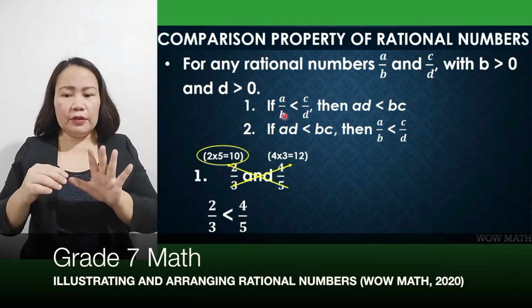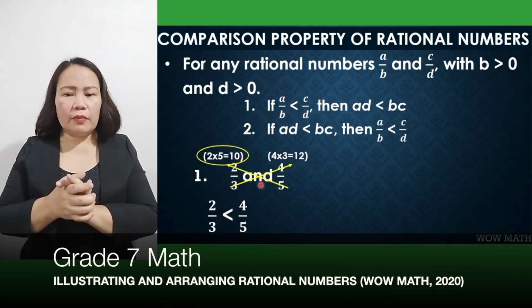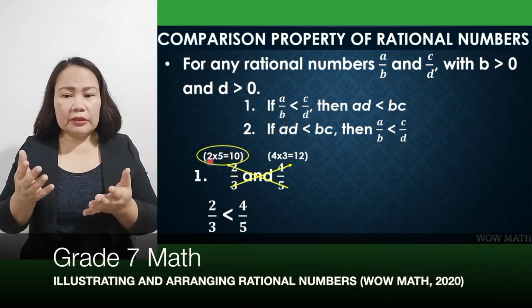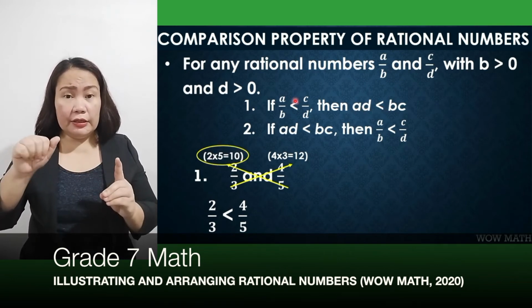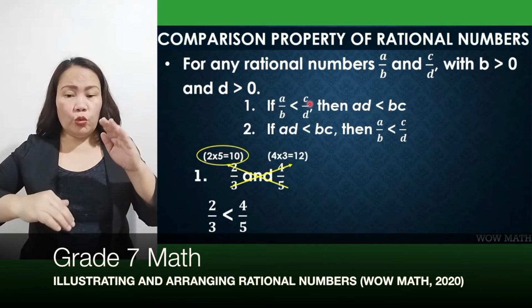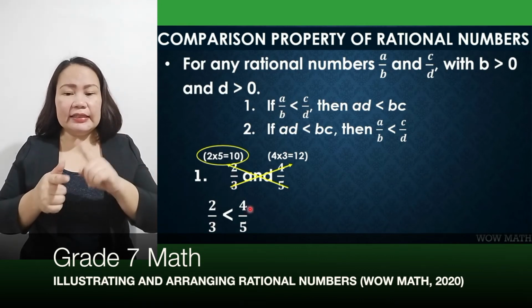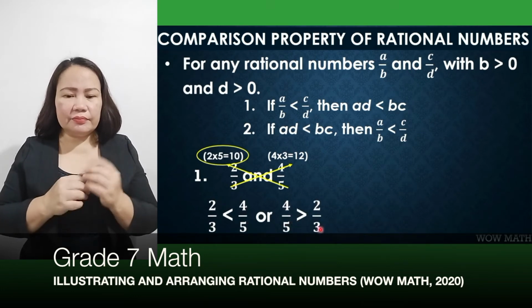So, ito yung sinasabi ng ating condition. So, if AB, ito raw, kung ang lumabas dito ay mas mababa, mas mababa ito, therefore, ito ay mas mababa dun sa right side. Ito siya. So, 2/3 is less than 4/5. Or, 4/5 is greater than 2/3.